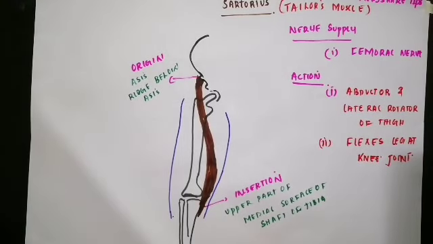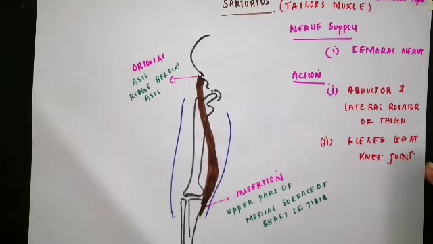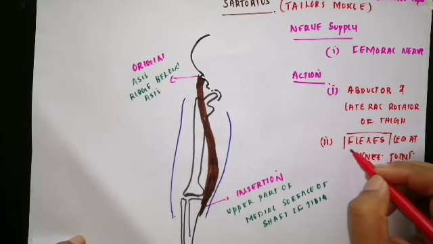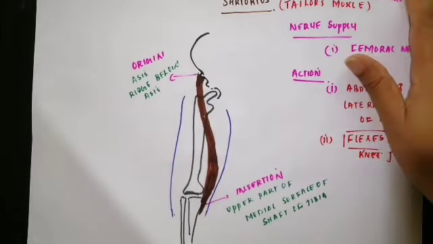This is the only muscle of the anterior compartment which flexes the leg at the knee joint. All other muscles are extensors of the knee joint. So it causes flexion at the knee joint and causes abduction and lateral rotation. These are the movements executed by a tailor while he works.